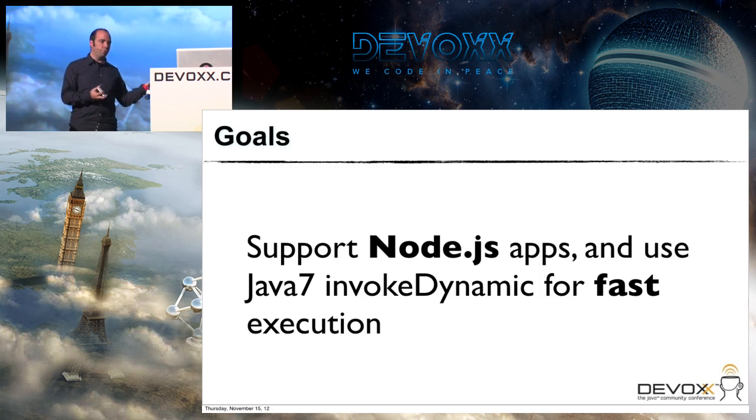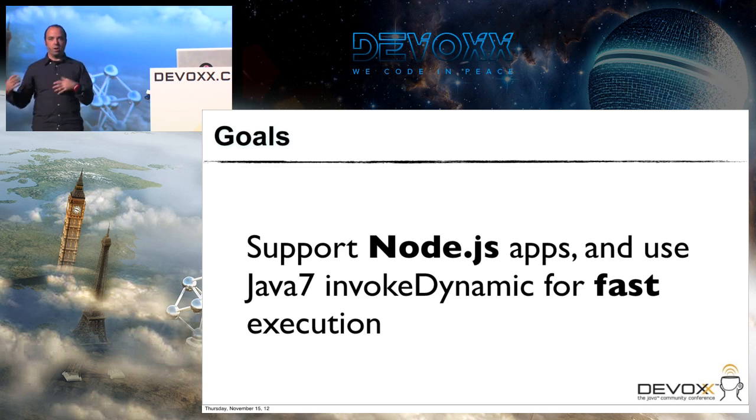If you went to Tim's talk yesterday, what we're doing here is very similar to what Vert.x is doing already, but the advantage that we have is an application server underneath with all the capabilities that it comes with. So we have clustering built in, caching built in. If you wanted to do that in Vert.x, you would have to bring in other libraries to do all these kinds of jobs, so you would have to do quite a bit of integration yourself.